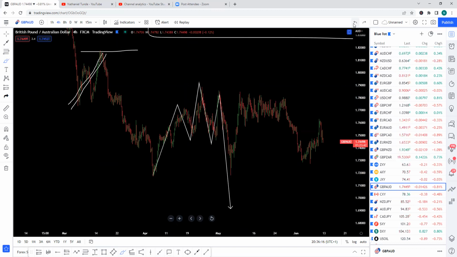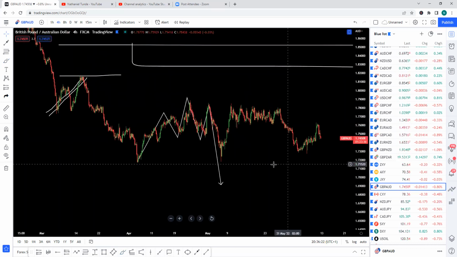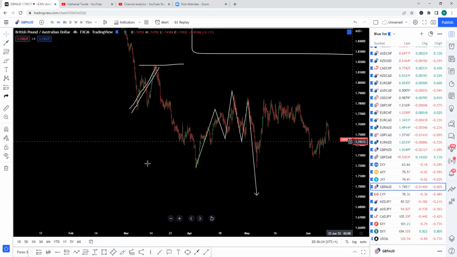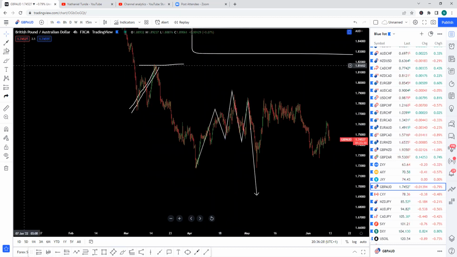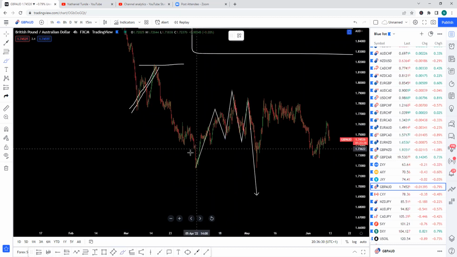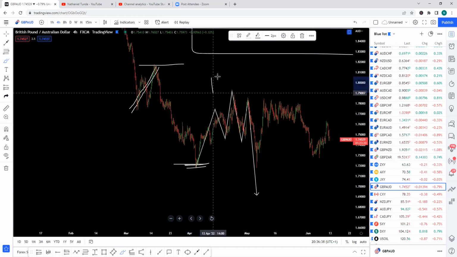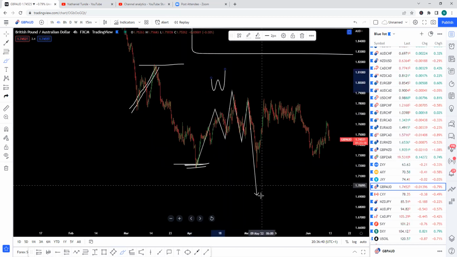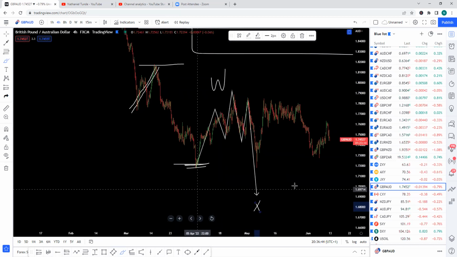You understand? So this is how to trade a corrective structure, a correction. When you have a 3 waves up, the 3 waves down should break the beginning of that 3 waves up. The origin of the 3 waves up, that's W. This one should break it to form X. This is where liquidity is grabbed.